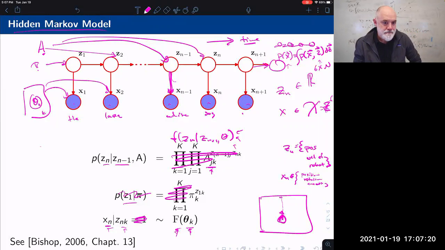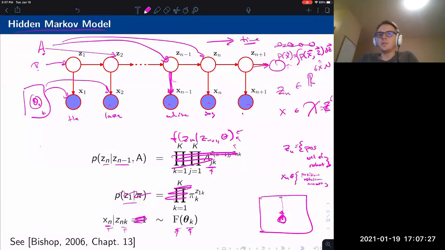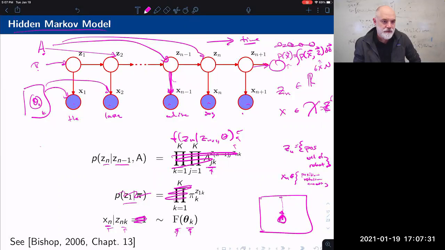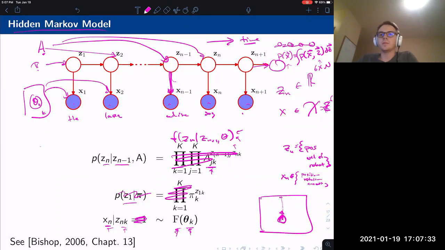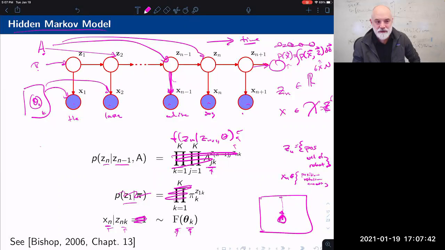Anybody? Oh, you can infer parts of speech. You can infer a distribution over parts of speech. That's correct. Okay.